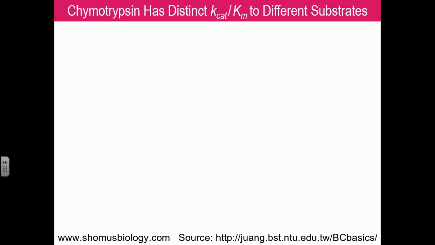Now we talked about two types of kcat activities there. If you look at chymotrypsin, it has distinct kcat by Km values for different substrates. That's what we need to know, because in varying substrates the value of kcat by Km also changes.